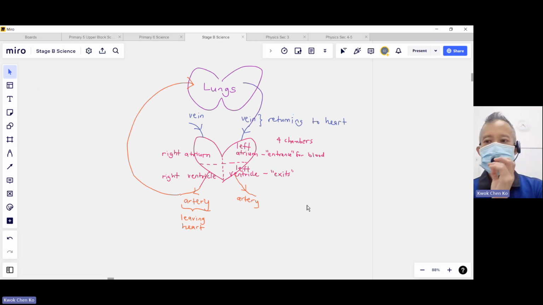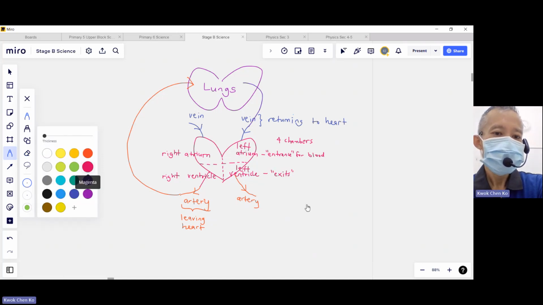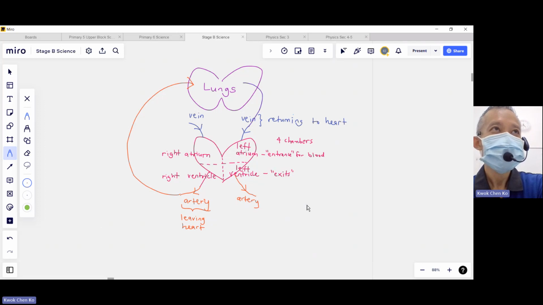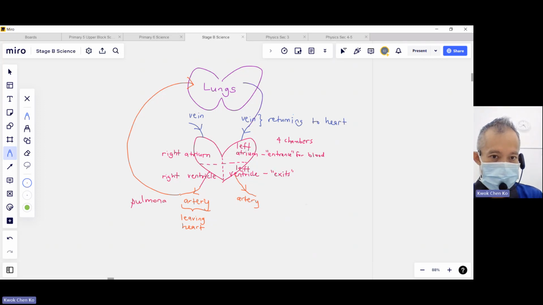Now, one more new word for you to remember. Anything that is related to the lungs, what's the medical word for that? Ninja, what's the medical word for lungs? P. Right, pulmonary. Well, that's the nature of bio.